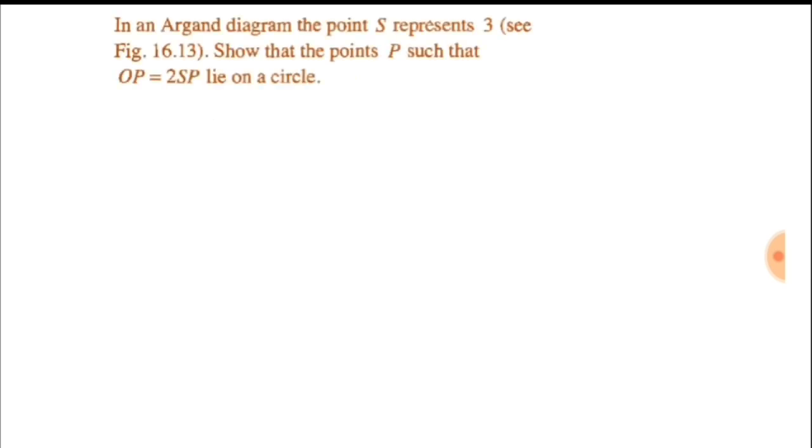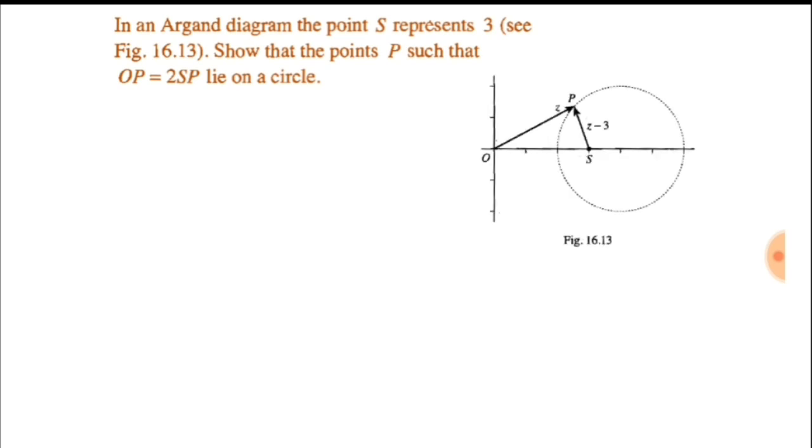In an Argand diagram, the point S represents 3. Show that the points P such that OP equal to 2SP lie on a circle. If P represents z, OP equal to 2SP according to the given condition. Now modulus of z equal to 2 times modulus of z minus 3.